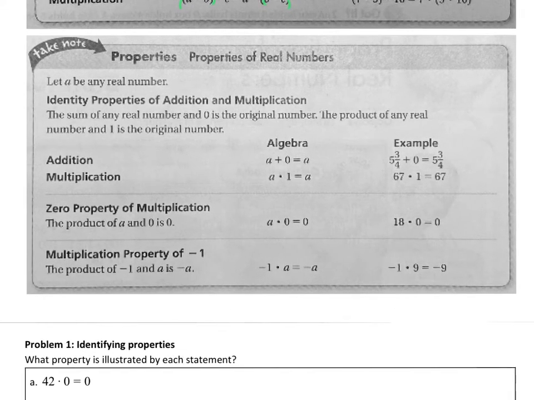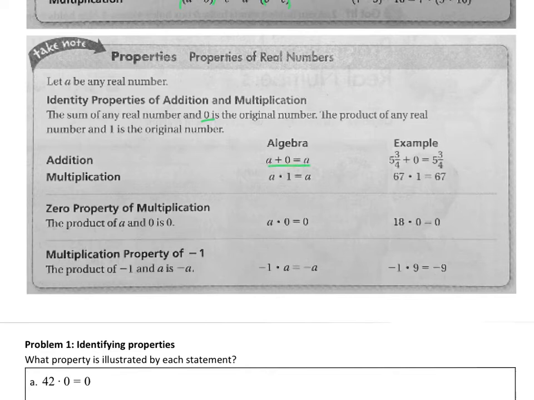And then a few more. Identity properties are pretty straightforward. If I add 0 to any real number, it's the original number, okay? So 5 plus 0 is 5. Adding 0 doesn't change the value of a number. That's the identity property for addition, and that's illustrated right here.